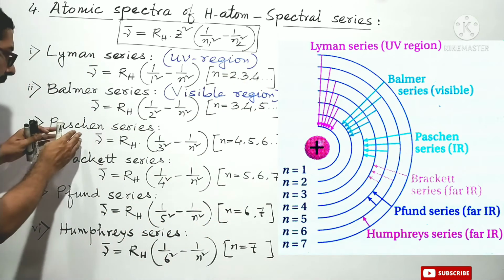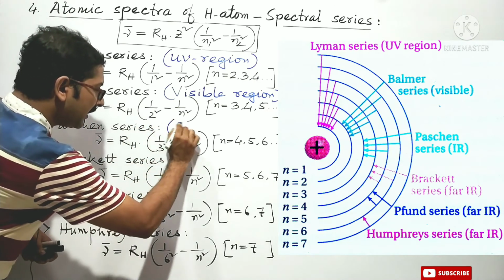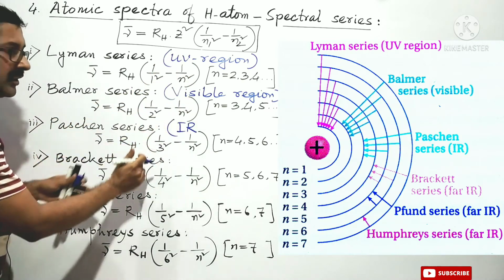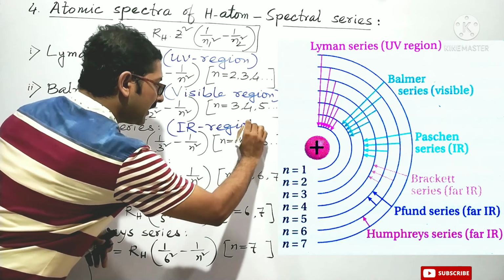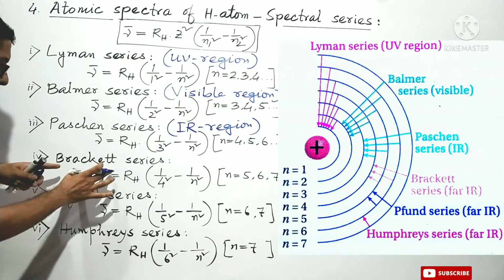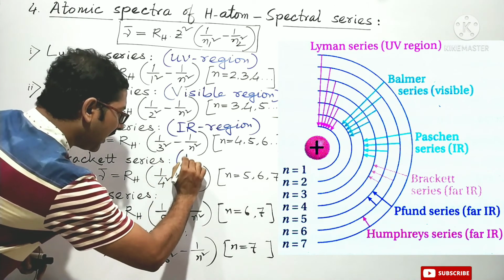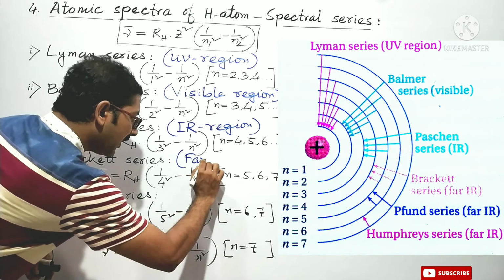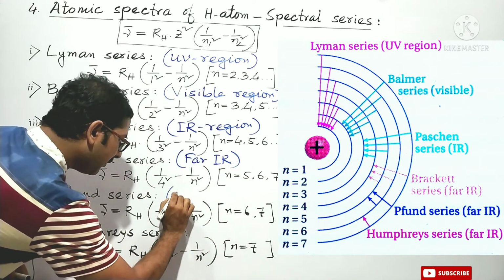The Paschen series of lines occurs in the IR region. Definitely the energy of UV is highest, then visible, then IR. So these lines occur in the IR region, and the other lines, that is Brackett, Pfund and Humphreys series of lines, occur in the far IR region.